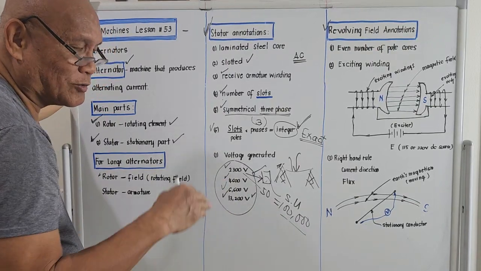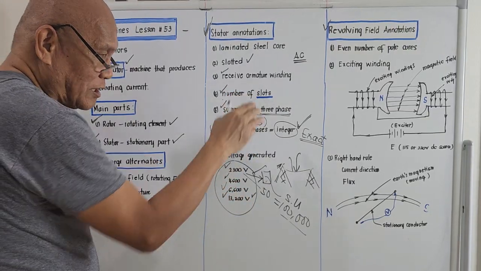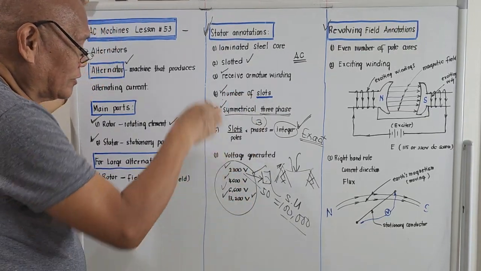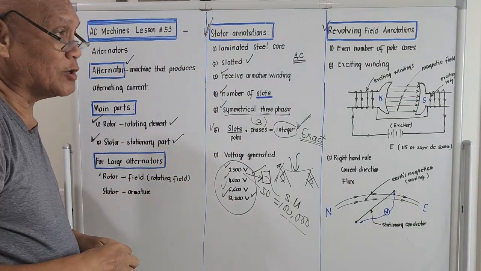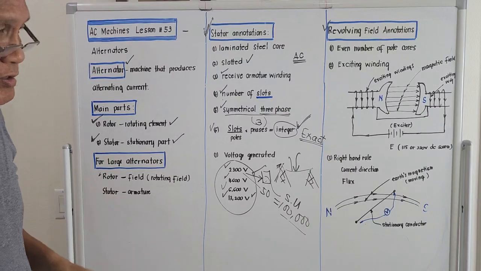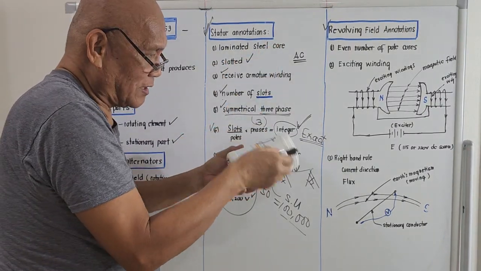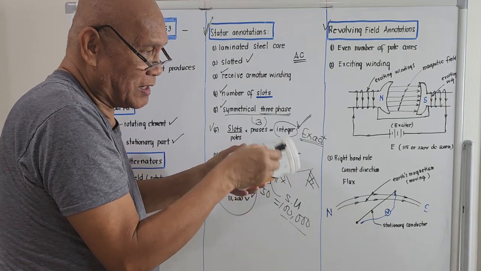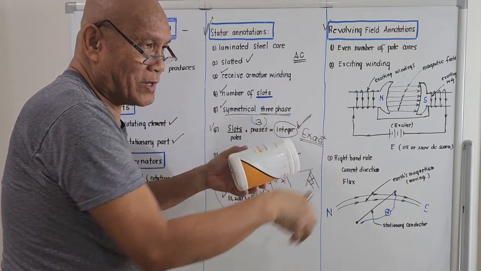It depends on the total number of turns of the windings that we will be placing on the slots. That's stator annotations. At least we now know what a stator is. A stator is just a round thing made of laminated steel core. It has slots, and these slots receive armature windings, many armature windings.